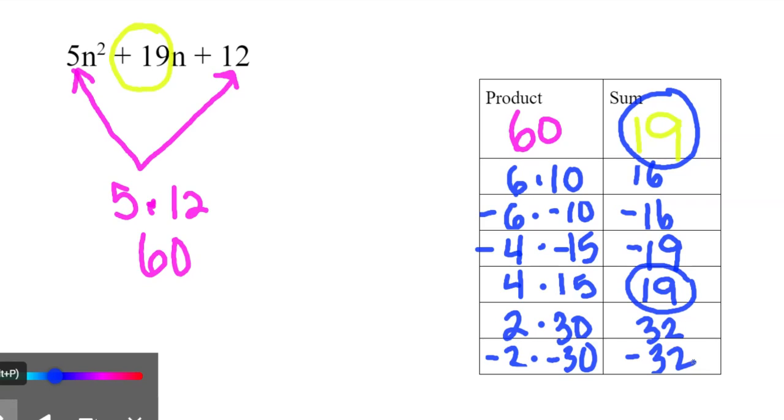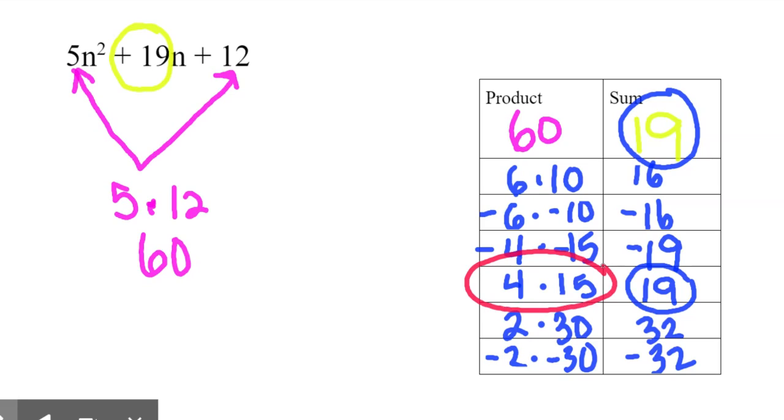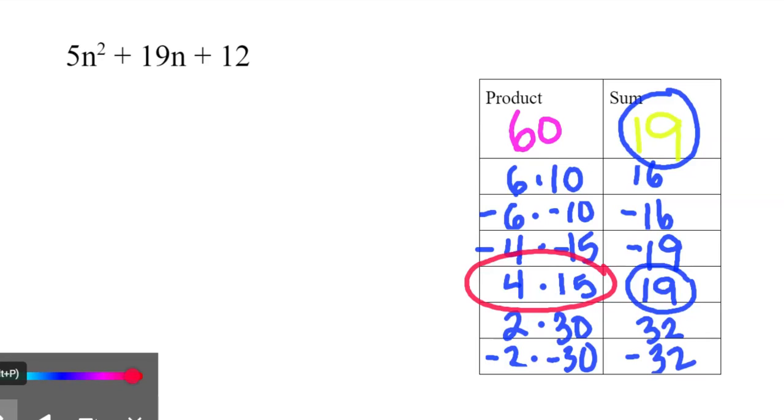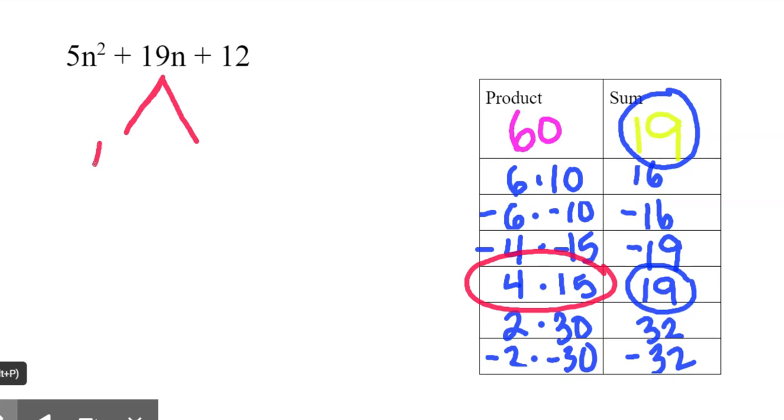So the numbers that we need are positive 4 and positive 15. We chose positive 4 and positive 15, which means that I'm going to break up the sum of 19n into 4n and positive 15n. Make sure you put a plus in front of that 4. So those are our numbers.